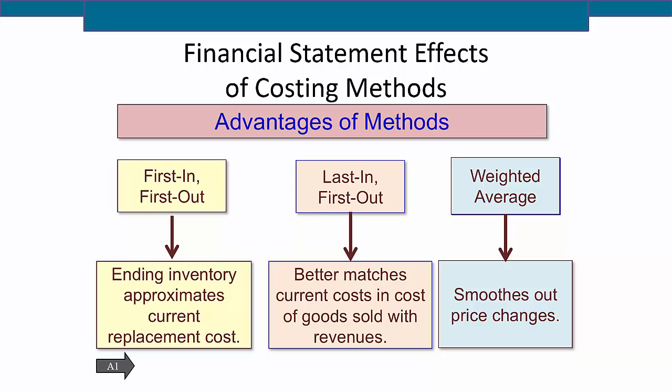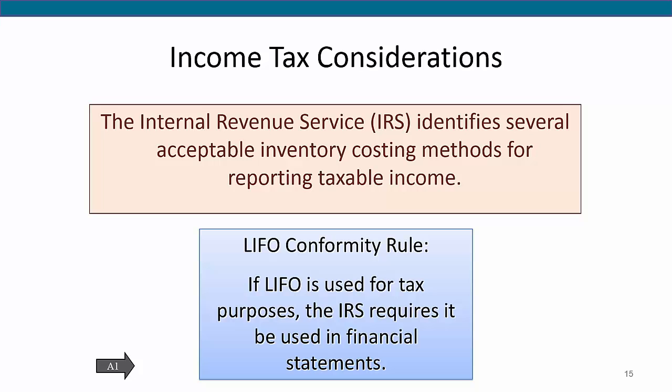LIFO assigns an amount to cost of goods sold on the income statement that approximates its current cost. It also better matches cost with revenues in computing gross profit. And weighted average tends to smooth out erratic changes in costs. Specific identification exactly matches the cost of items with the revenues they generate.